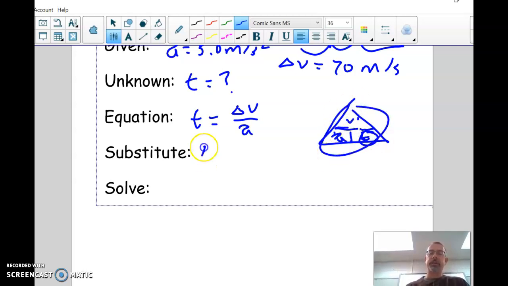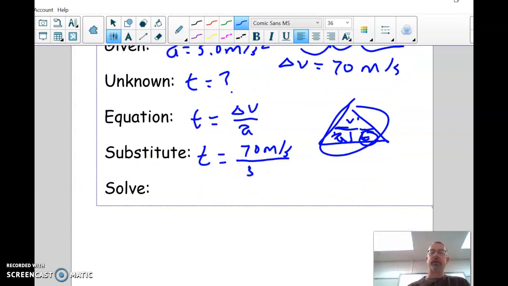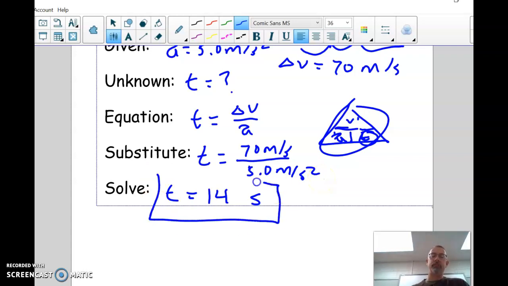So time, my change in velocity is 70 meters per second. My acceleration is 5.0 meters per second squared. 70 divided by 5, it will take 14 seconds for that boat to reach that velocity of 70 meters per second, accelerating at 5.0 meters per second squared. Box that up, wrap it up, that is your answer.